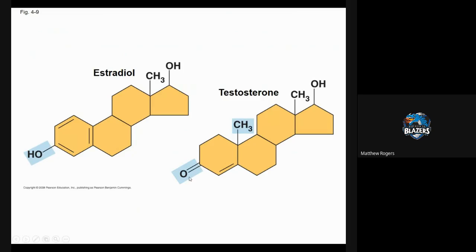And they have different functional groups. So testosterone has a double bonded O here, and estradiol has an alcohol. This is actually an alcohol group. OH is alcohol. Okay. This guy has a methane group coming off right here. Estradiol does not. There's also some other slight changes that are not functional group based. I mean, you can make an argument, I guess they are functional groups, but there's a benzene ring right here.